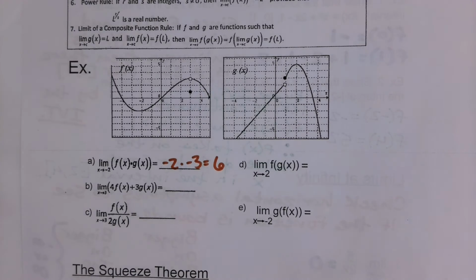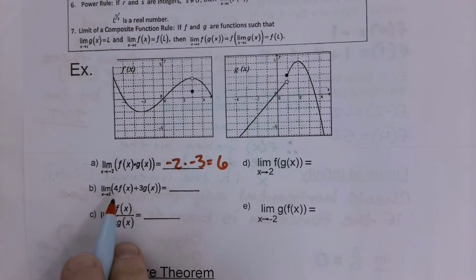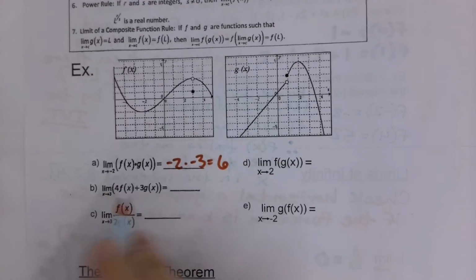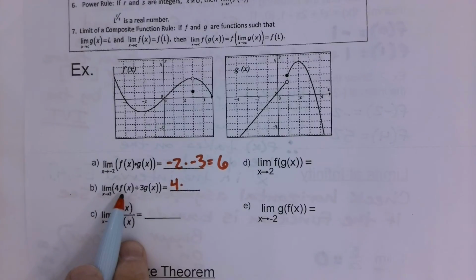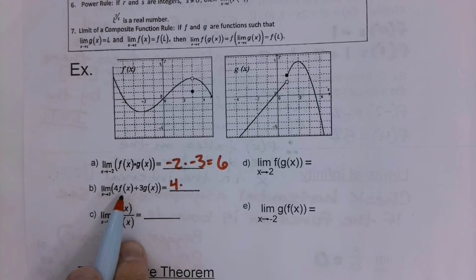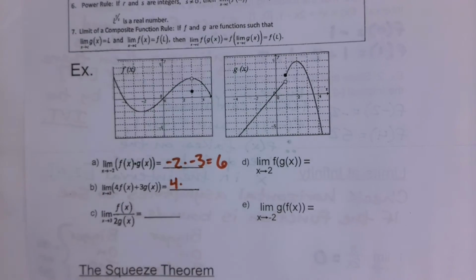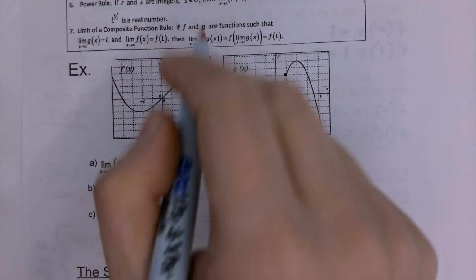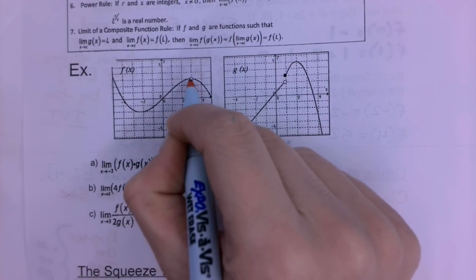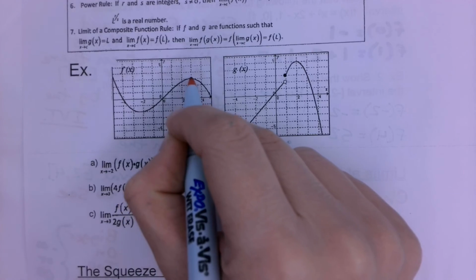For B, we threw in some scalar multiples, but it really doesn't make it too much crazier. You've just got 4 times whatever your limit as x approaches 3 of f of x is. What is the limit as x approaches 3 of f of x? Good job. So we're looking at what it's approaching, not what that value is down there.